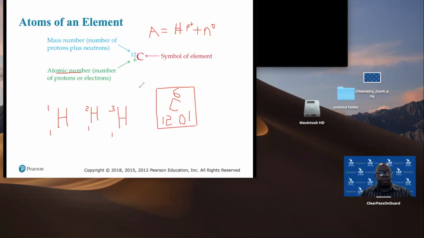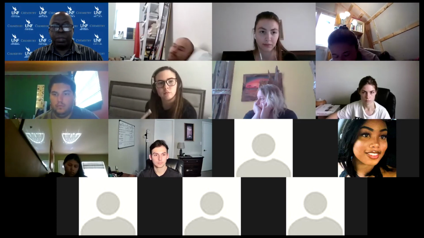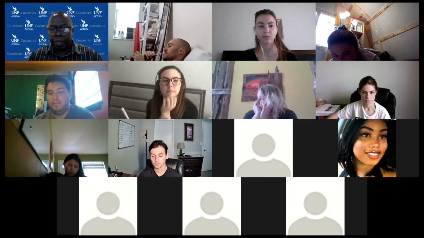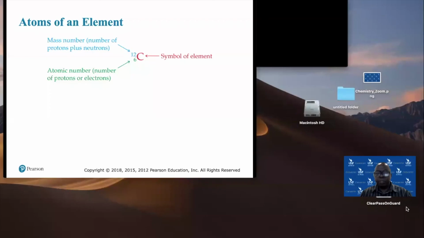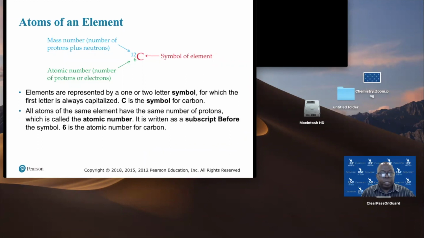Isotopes do not have their own names, but they go with the mass number. We call these carbon 12, carbon 13, carbon 14, and so forth. So we have an element represented by two letters and a symbol with that. We call that an isotope.